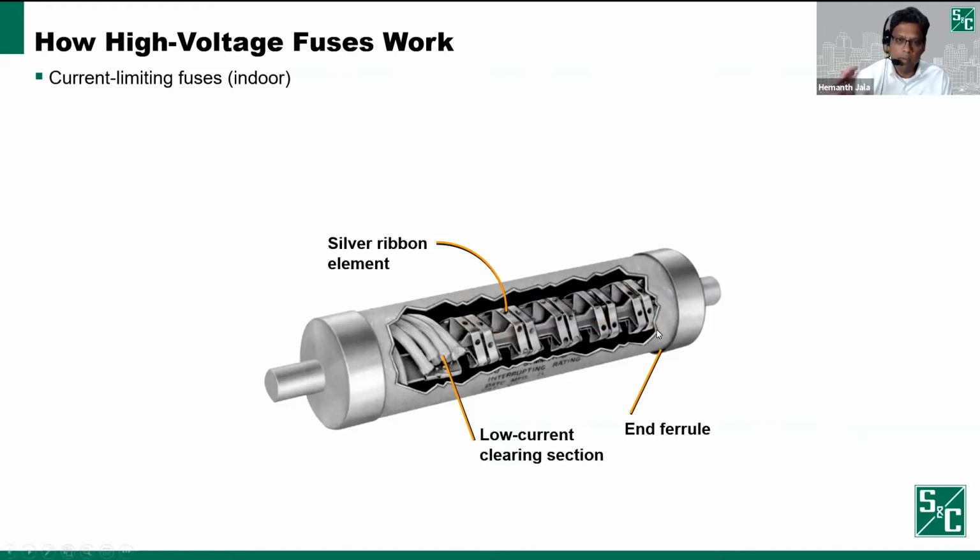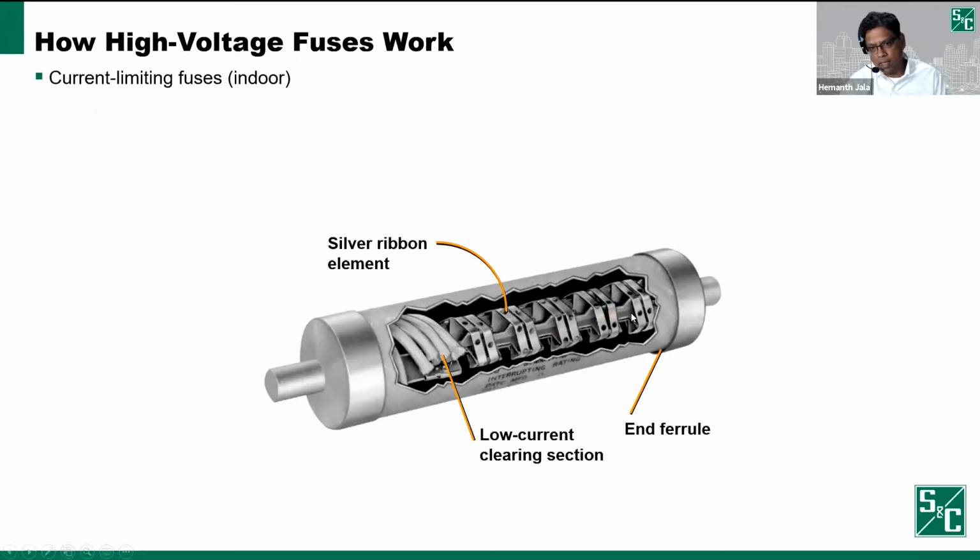And that arc is really hot, and it's going to interact with that silica that's enclosed around the silver ribbon. When you heat silica up to really high temperature, there's a material called fulgurite that's formed. And that material is a very good insulator. Essentially, the more of these holes melt, there's more resistance introduced in the path of the current flow. And eventually, the flow of the current will be stopped.